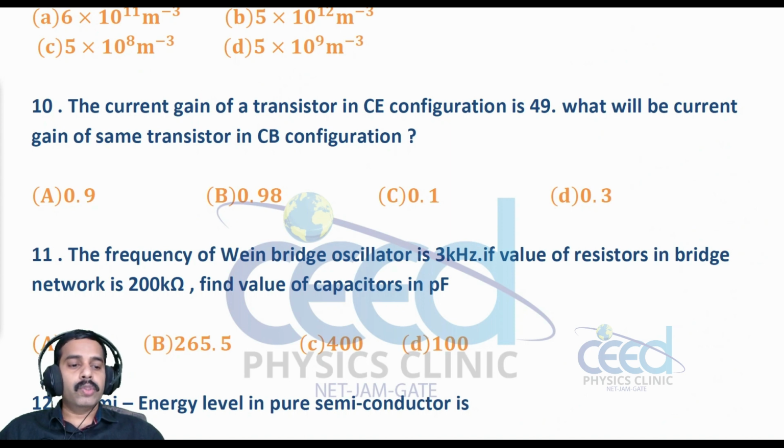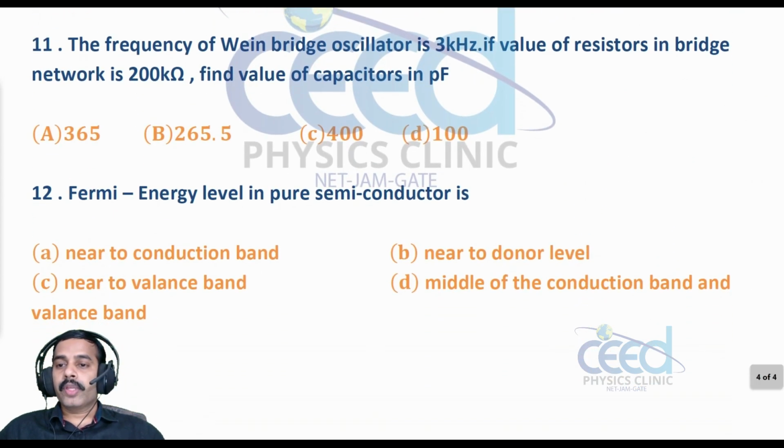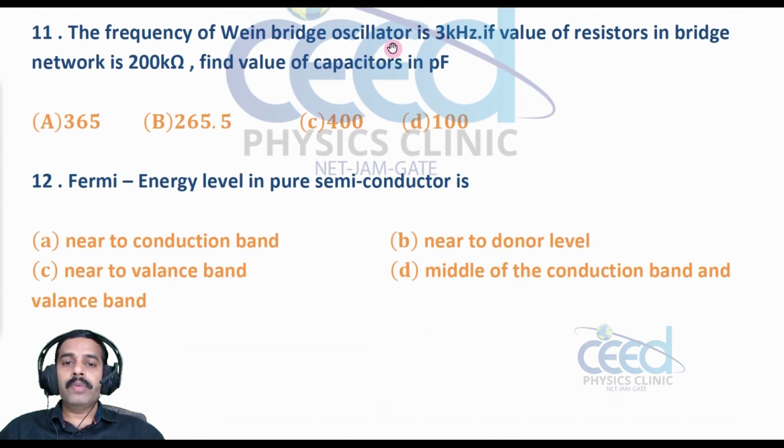Now let us come to the next question. The frequency of the Wien bridge oscillator is 3 kilohertz, right? If the value of resistors in the bridge network is 200 kilo ohm, find the value of the capacitor in pF. In the Wien bridge oscillator, in the bridge we will use two capacitors, that is Z1 equal to Z2, right?